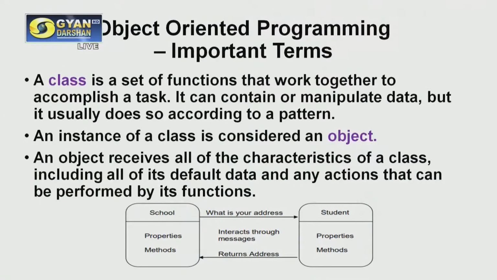Likewise, over here we have class, which is a set of functions that work together to accomplish a task. And an object is nothing but an instance of a class which owns the features of the class.